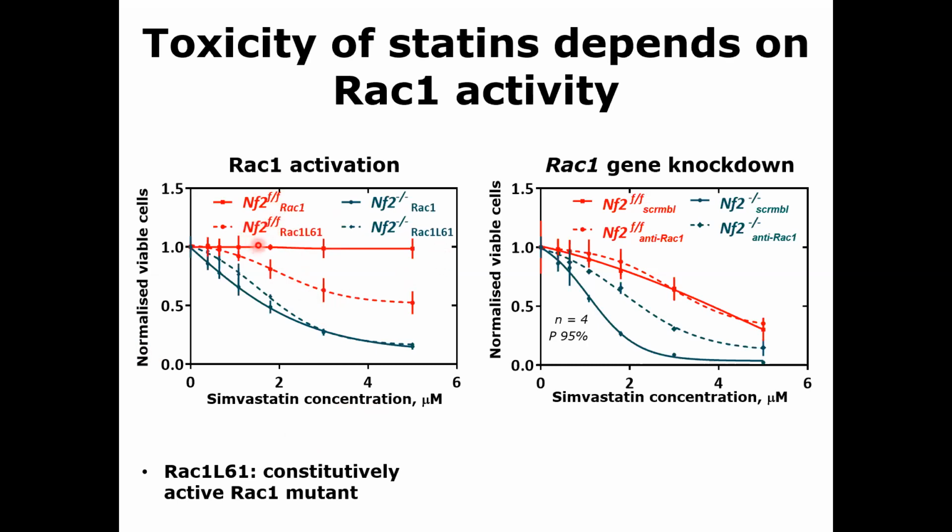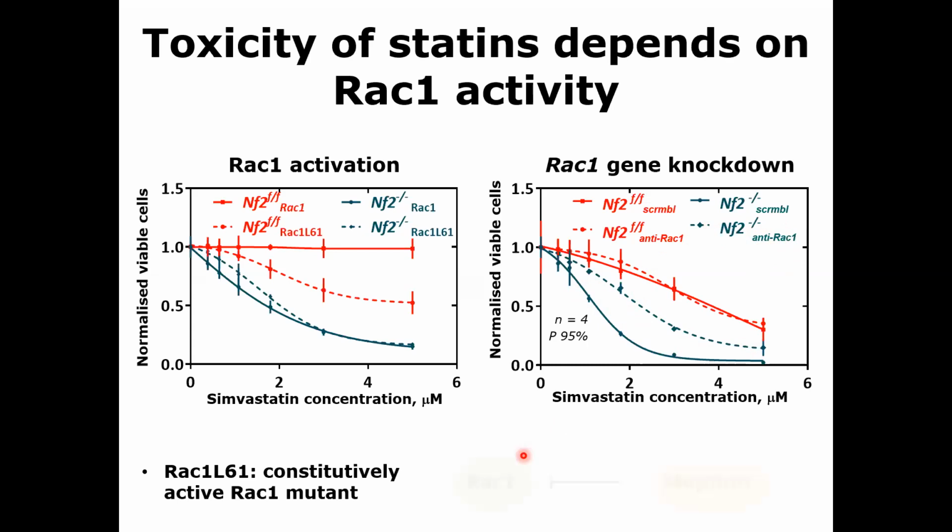So these cells do have an NF2 gene, but they have an active RAC1 form, and they just start dying from simvastatin. They were not sensitive at all, and then they obtained sensitivity. And on the opposite, when we use the transient knockdown with anti-RAC1 siRNA, we get the loss of sensitivity. So just knock down the RAC1 from NF2 deficient cells and they lose their sensitivity to statins.